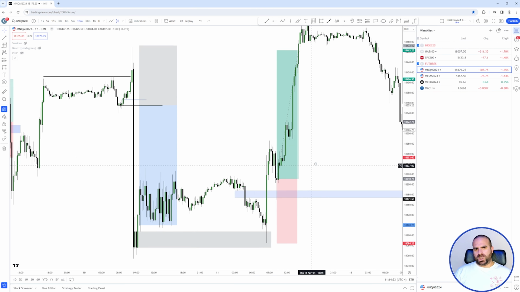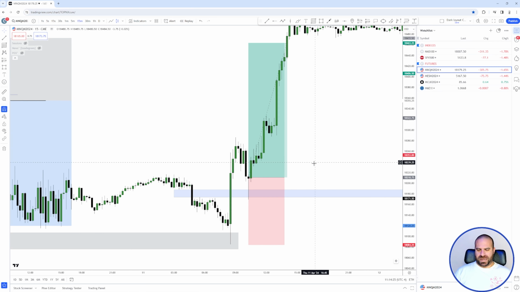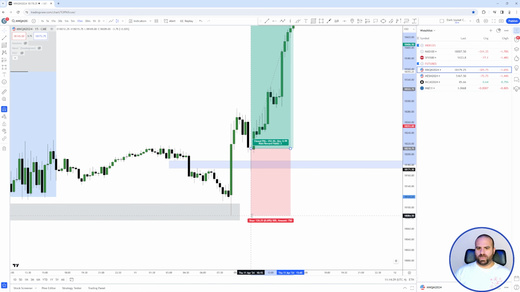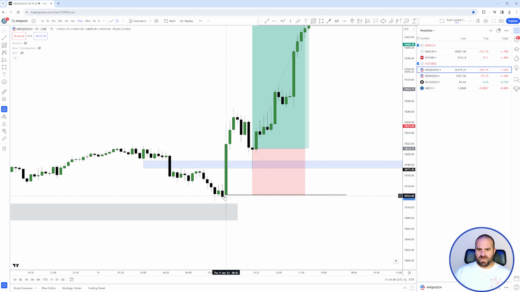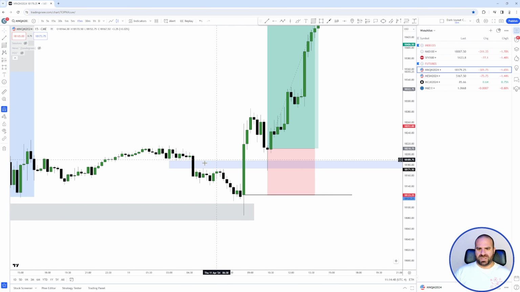One thing that we can do with this one, as a rule, is not to place the stop loss all the way down, but to place the stop loss below the low of the first candlestick, of the second candlestick, which is responsible for the creation of this fair value gap right here, okay?